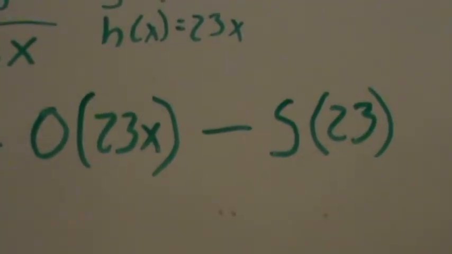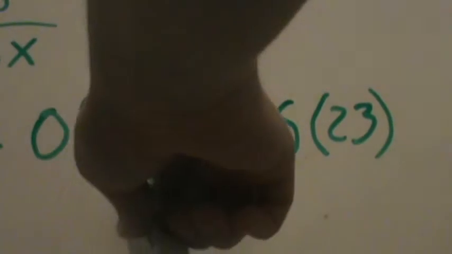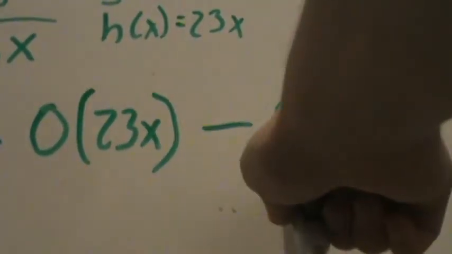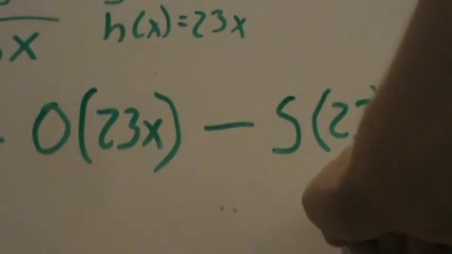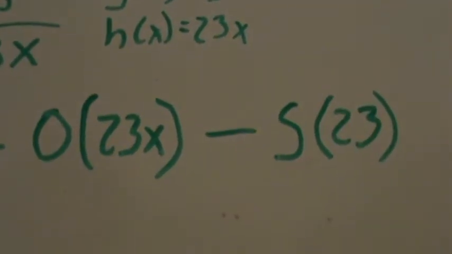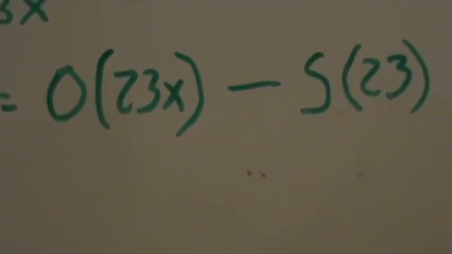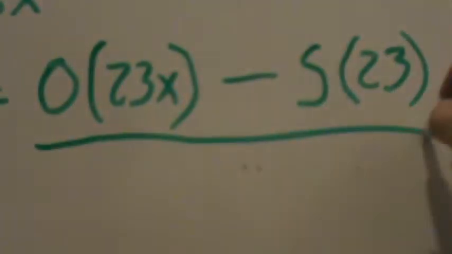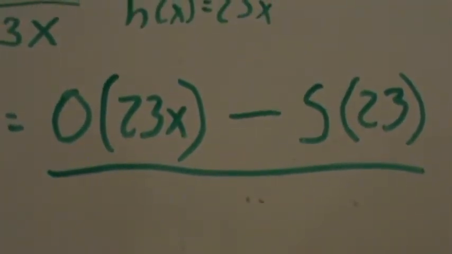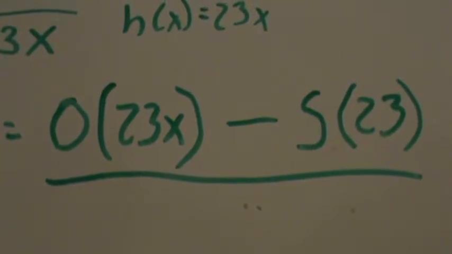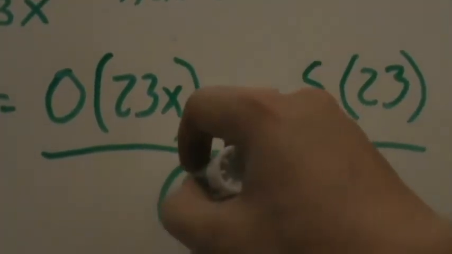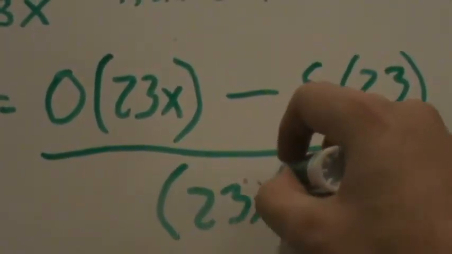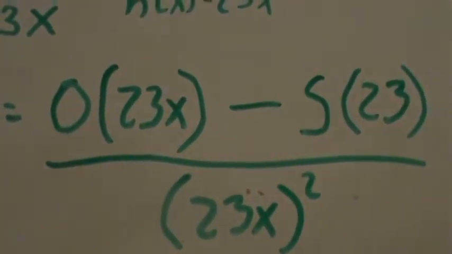Here you took the derivative of g of x and left h of x alone, and here you left g of x alone and you took the derivative of h of x. Now this looks very similar to the product rule. It's just this negative sign. Now what you do is you divide this all over by h of x squared. So you just do 23x and you square it.